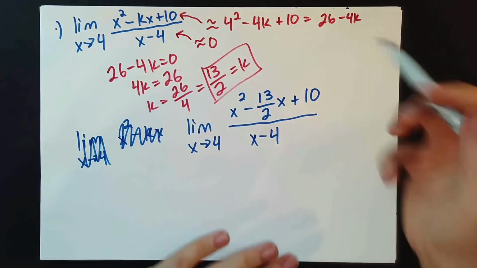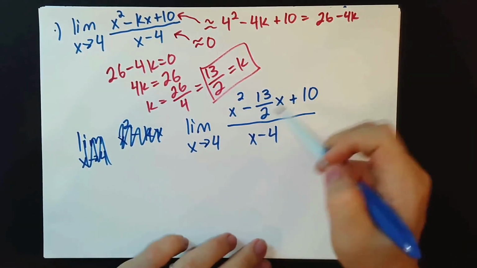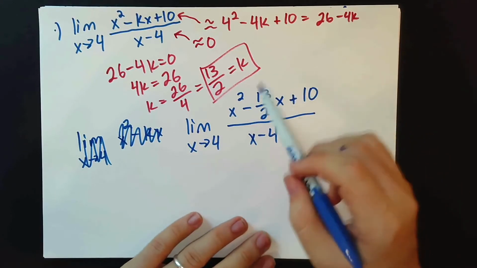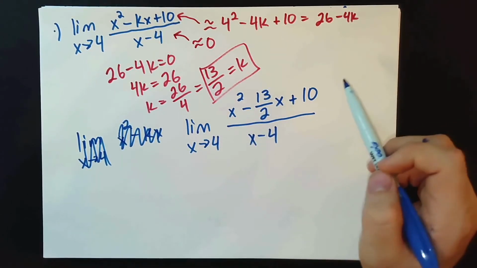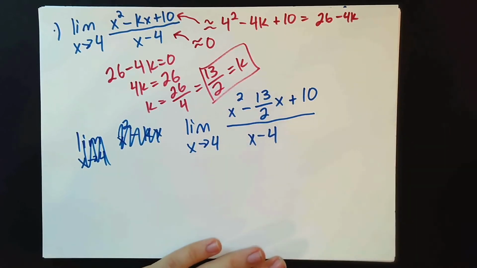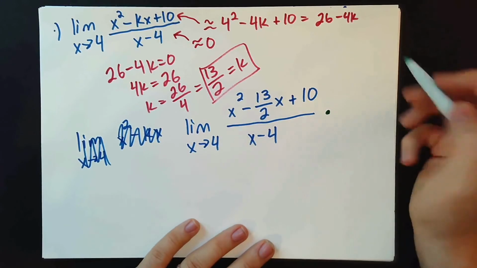Now, there's a very real possibility that this 13 over 2 throws us for a loop, because we don't like factoring polynomials that have fractions in their coefficients. But we can actually use what's almost the same trick that we used for the radicals, which is we can multiply the numerator and denominator of this fraction by the same thing in order to get rid of the fraction.